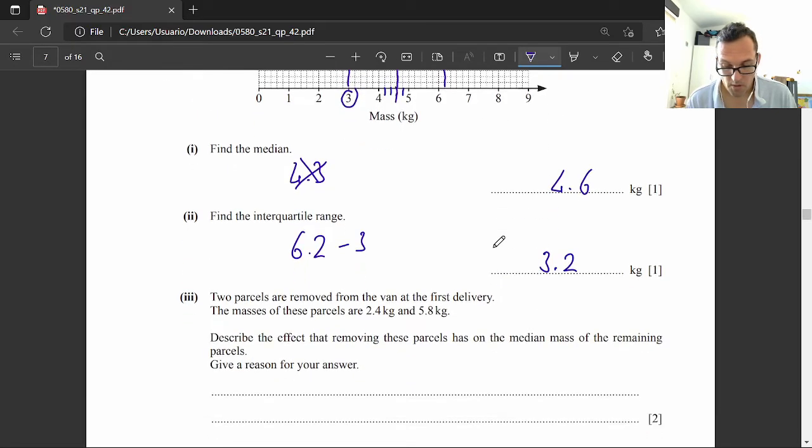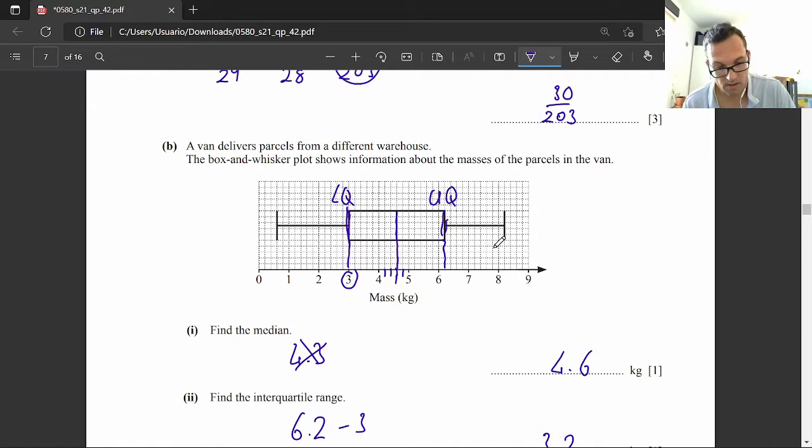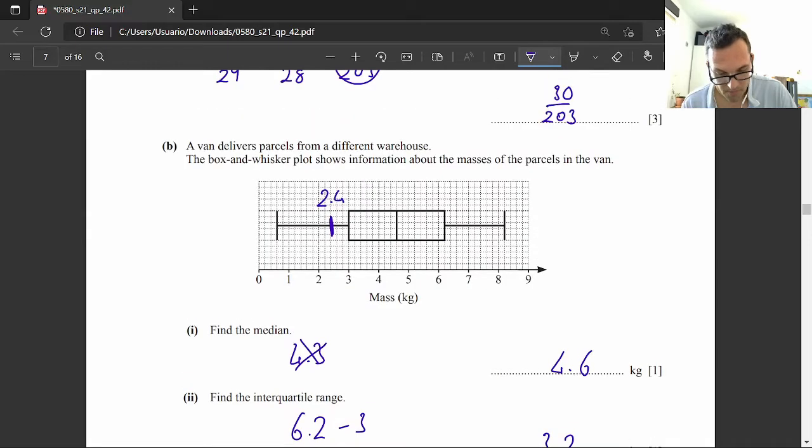Last one there, part 3: 2 parcels are removed from the van at the first delivery. The masses of these parcels are 2.4 and 5.8. So let's have a look, where does that lie? 2.4 will be over there. It's a parcel of this weight, that's 2.4, and the other parcel, 5.8, would be around about here.